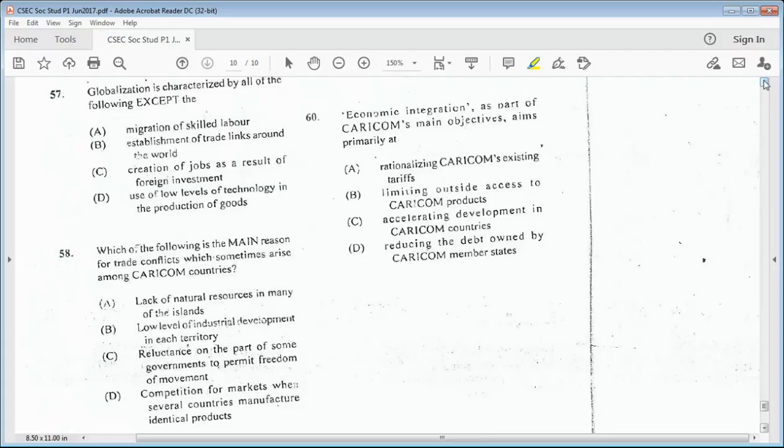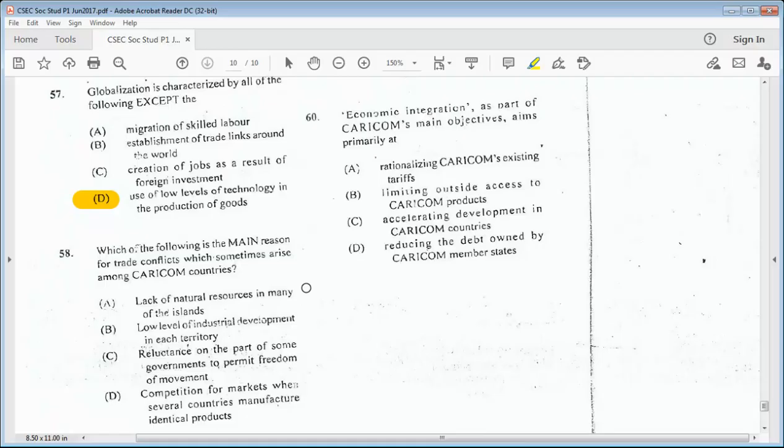Migration of skilled labor is characterized by globalization. B, establishment of trade links around the world, yes. C, creation of jobs as a result of foreign investment, yes. So they all are except D, use of low levels of technology in the production of goods. That is the one that is the exception.